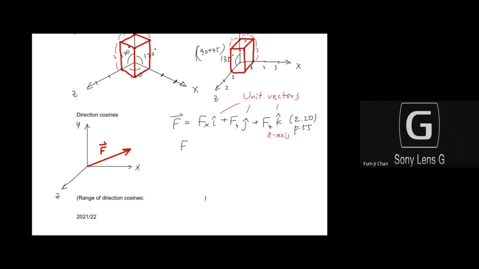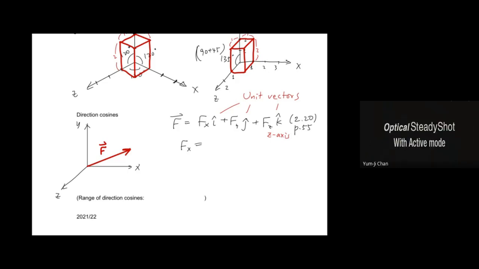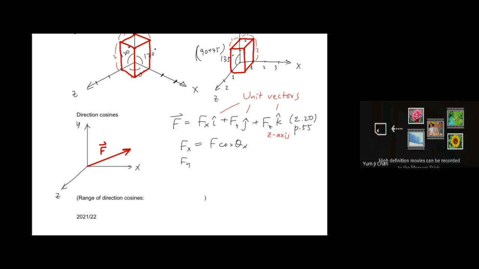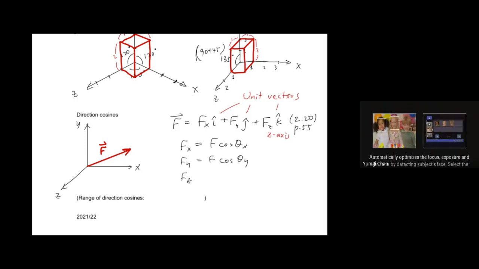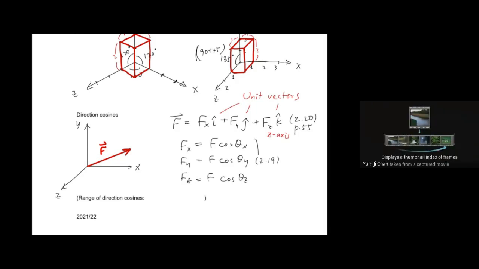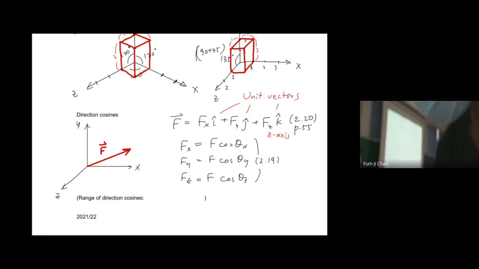I think last week or the week before, we discussed fx equals f cosine theta x, and fy equals f cosine theta y, and fz equals f cosine theta z. These three are shown in equation 2.19 in the textbook.